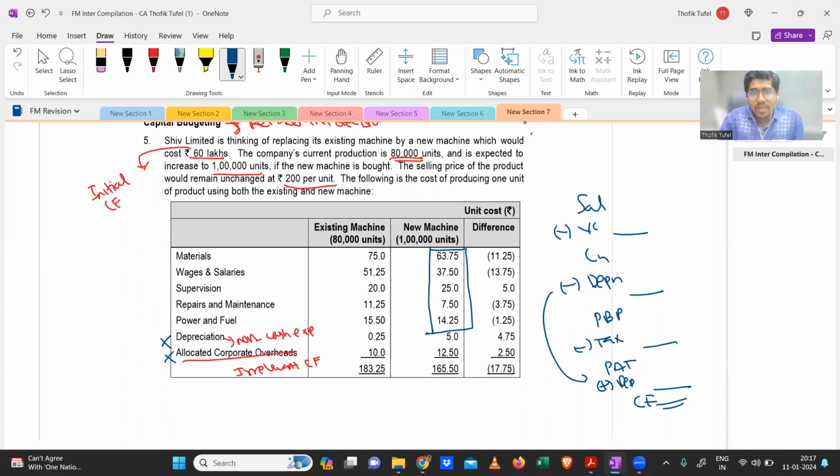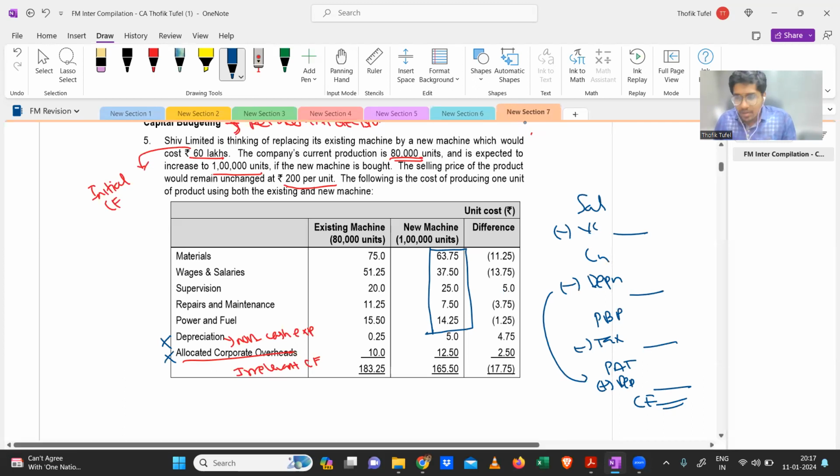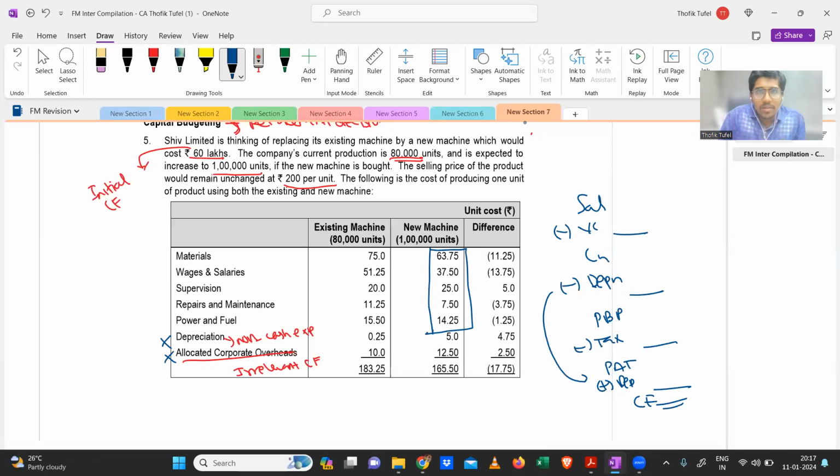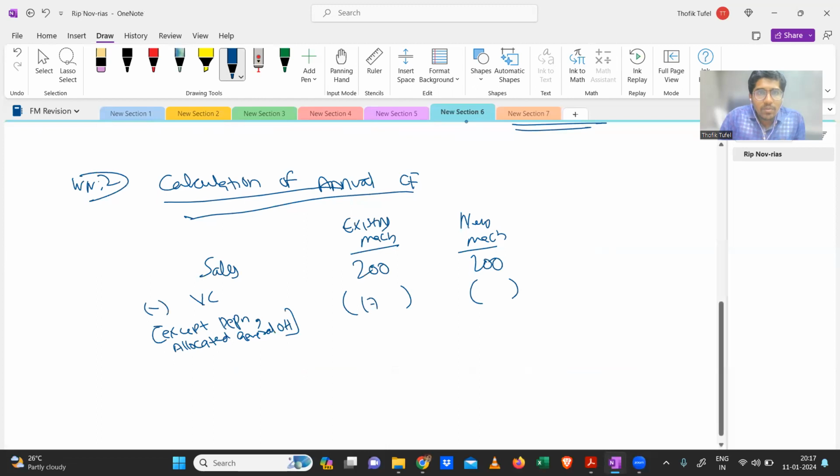So first let us minus all this: 75 plus 51.25 plus 20 plus 11.25 plus 15.5. I'm getting 173, so 173 rupees is my variable cost.